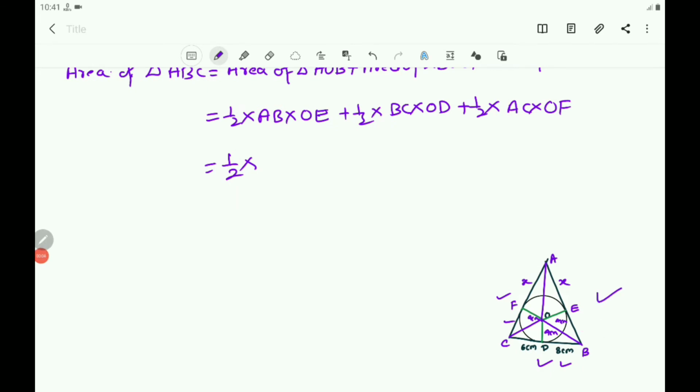equals half into AB, which is 8 plus x, and OE is the radius, that is 4, plus half into BC, which is 6 plus 8, that is 14, into OD is 4, plus half into AC, which is 6 plus x, into OF is 4.